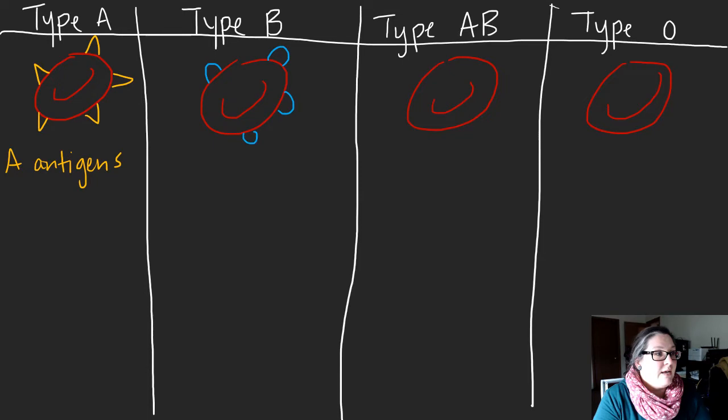Notice they kind of look like A and B here, with the humps versus the spikes. It's to help jog your memory. Type B has B antigens. And type AB has, guess what, A and B antigens on the surface of the red blood cells.